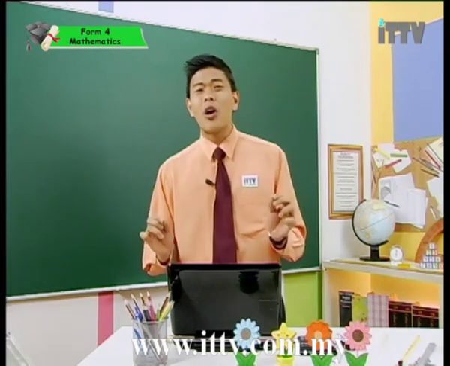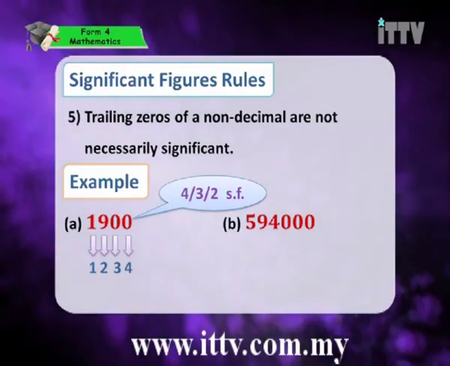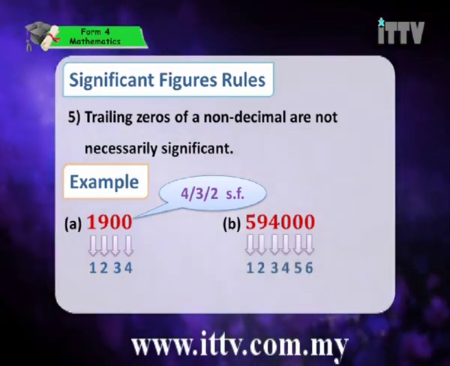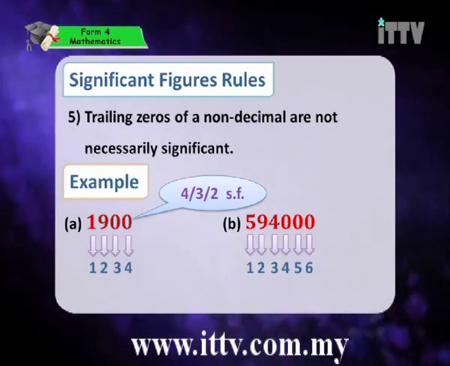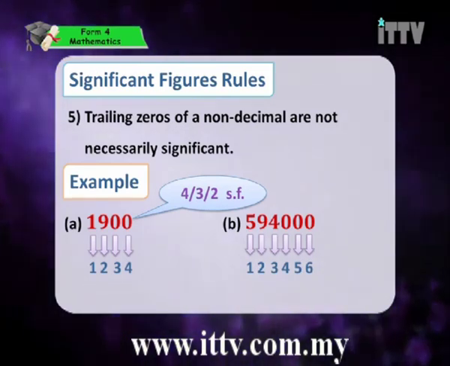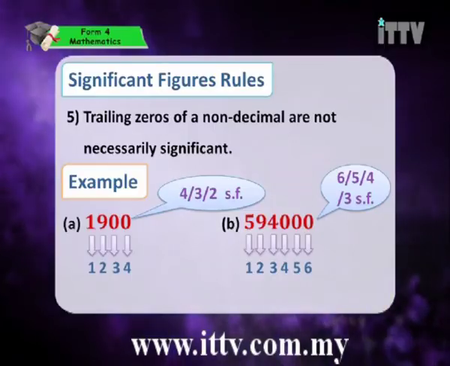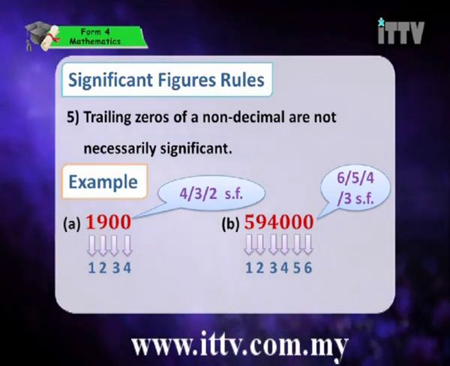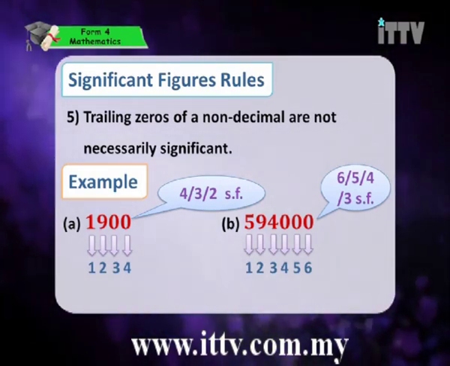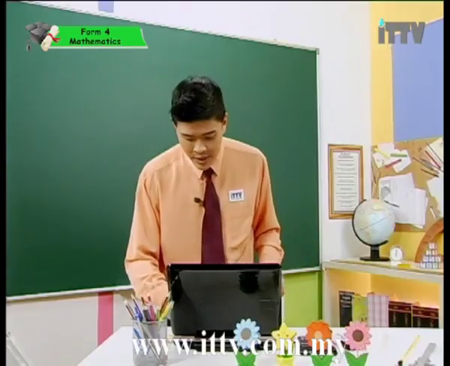They might be or might not be. Alright, in example B, 594000, the 3 zeros are trailing zeros in a non-decimal. So they might or might not be considered as significant figures. So in B, this number can have 6 significant figures, 5 significant figures, 4 significant figures, or 3 significant figures. Alright, we'll do more in the example that's coming right after this.